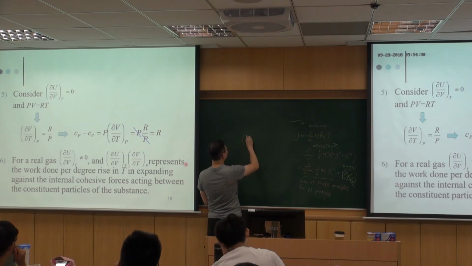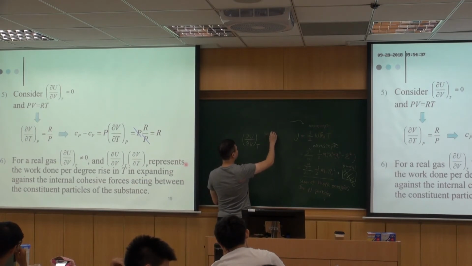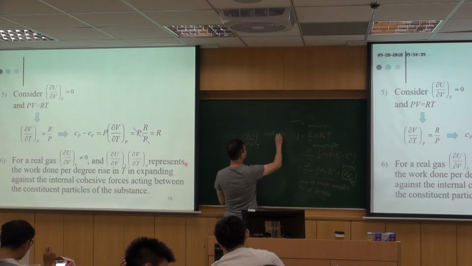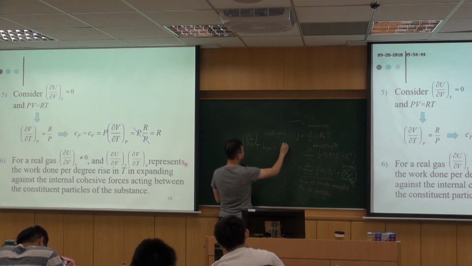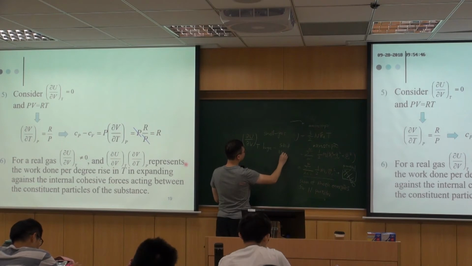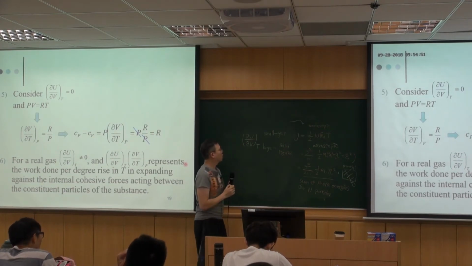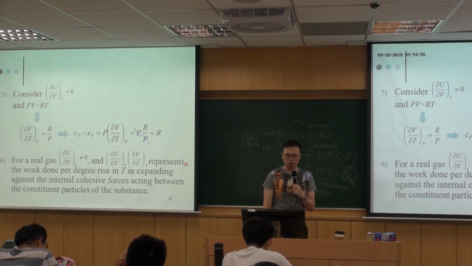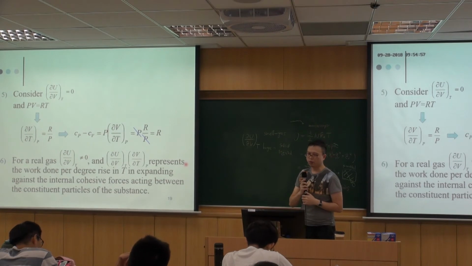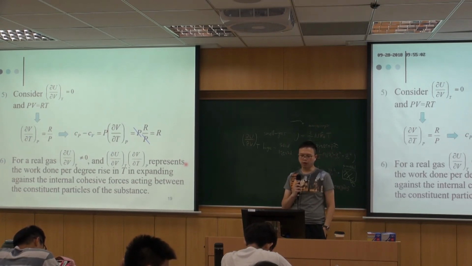So this term at a constant temperature is small for gas, but it's large for solid and liquid. And by small and large, I mean when it is compared to the pressure, the external pressure that we enforce onto the system.